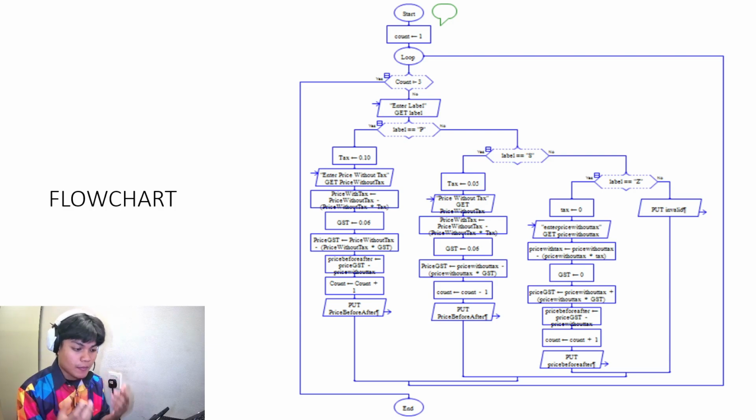And repeat the same step for Z until it pops up, enter the label is Z and enter price without tax, which is 8.30, until it puts invalid, and that's all. It will become end. So I will let my friend continue the conclusion.